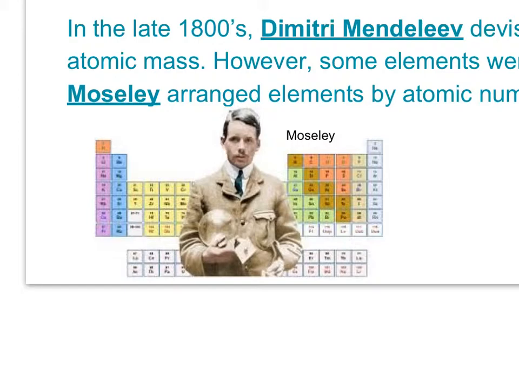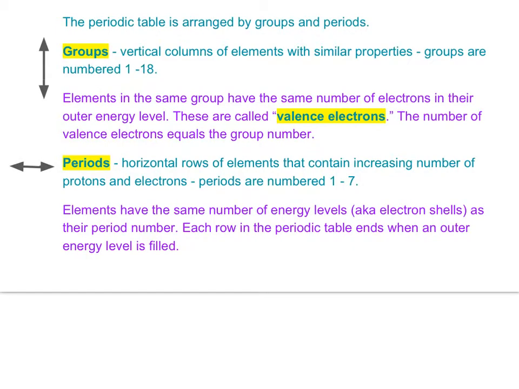Okay, our next slide is going to go into the groups and periods on the periodic table. So groups refers to the vertical columns of elements, and they all have similar properties, like the alkali metals that we saw today, the sodium that blew up when it hit the water.